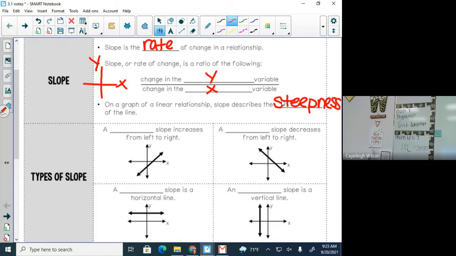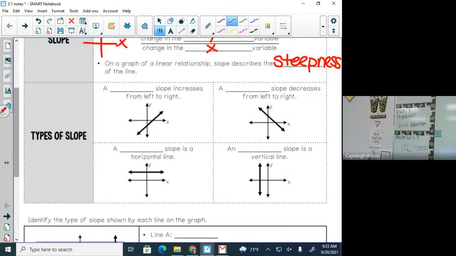Now, there are 4 types of slopes that we're gonna have to talk about. Now, when you run up a hill, okay, that slope is probably positive. And a positive slope increases from left to right.